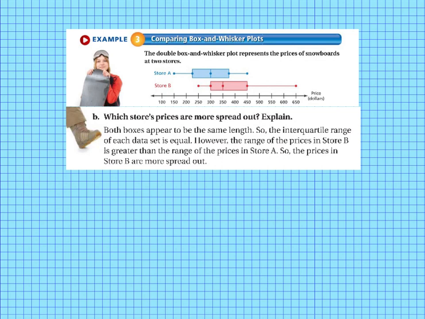However, the range of the prices in store B is greater than the range of the prices in store A. So you can see that in store B, the prices range from $650 all the way down to $250. But in store A, they go from $150 up to $450. So the prices in store B are more spread out.